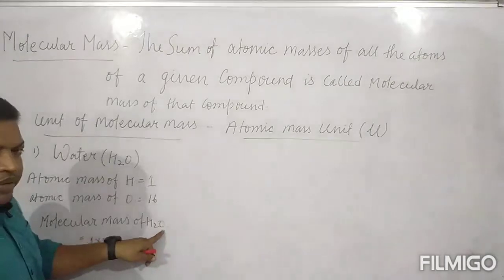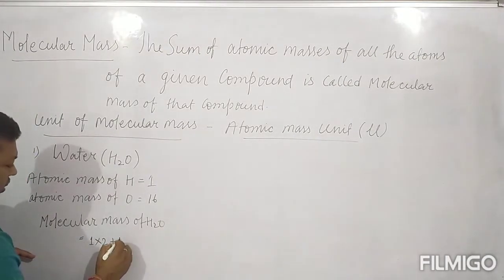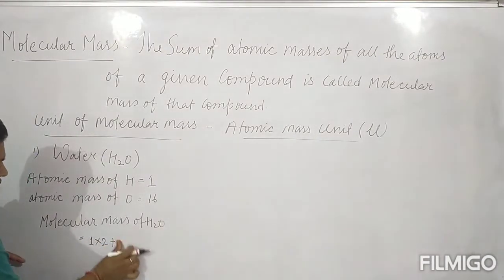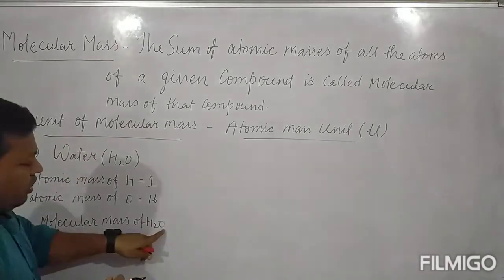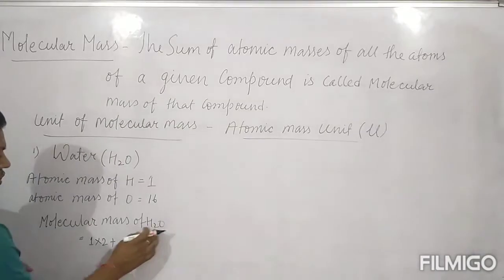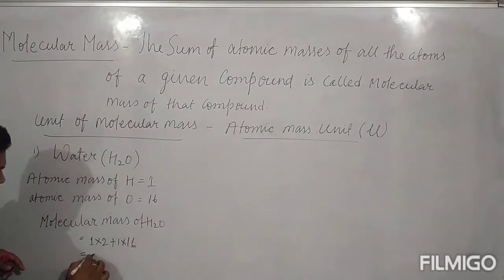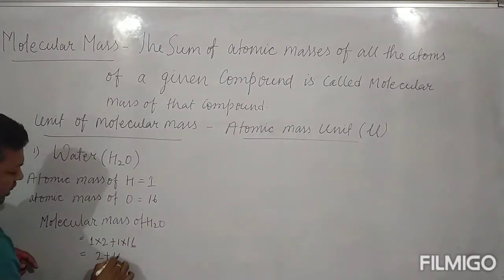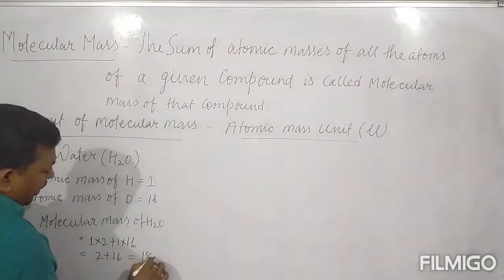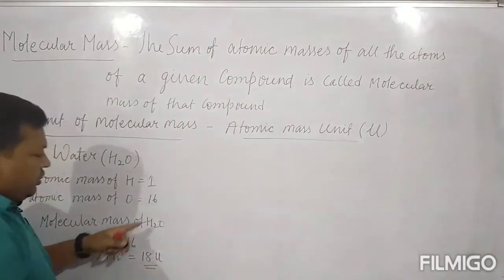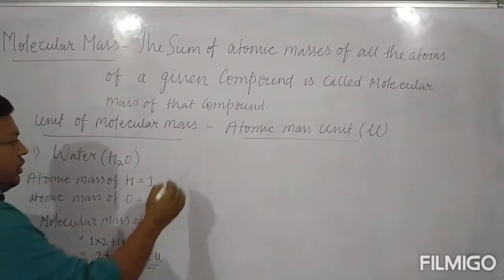And the atomic mass of oxygen is 16, and 1 atom of oxygen is there, so we write 1 into 16. So this becomes 2 plus 16, or 18 u. This is the molecular mass of water.